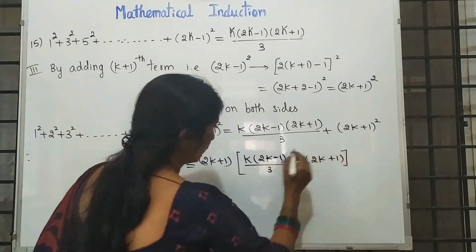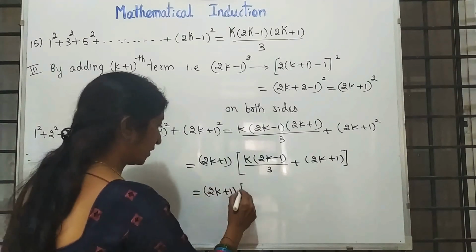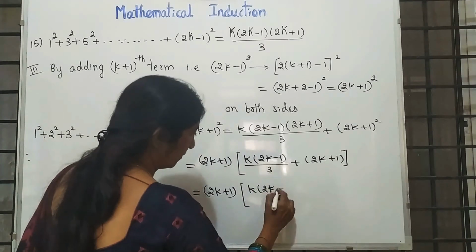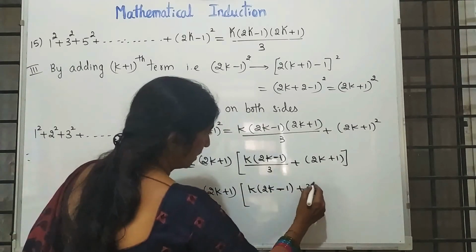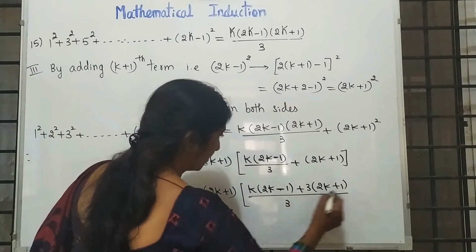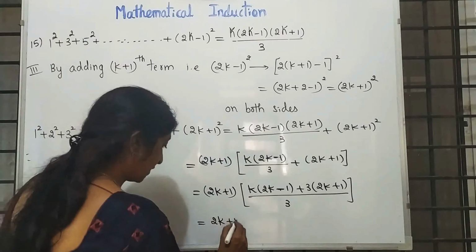Out of the two terms, one term remains as it is, (2k+1). Take the LCM: (2k+1)[k(2k−1) + 3(2k+1)]/3.